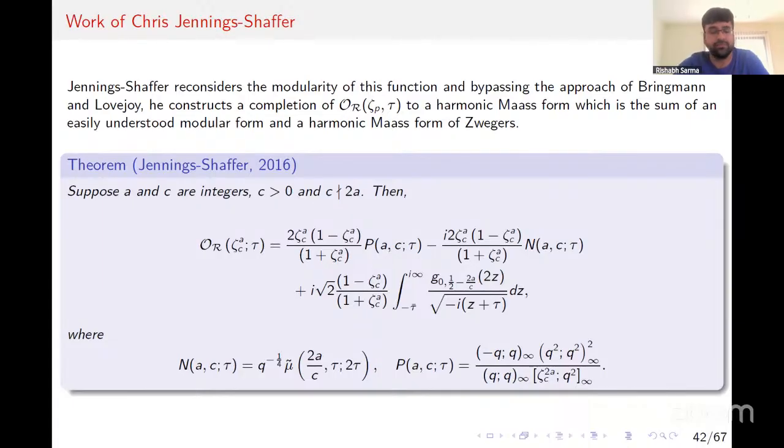It's a modular object, nice modular object. But we have the Mordell integral of the theta function here, which is non-holomorphic. It's not very difficult to see that this is a non-holomorphic function because there is a tau bar here, the complex conjugate, so it will not satisfy the Cauchy-Riemann equations.